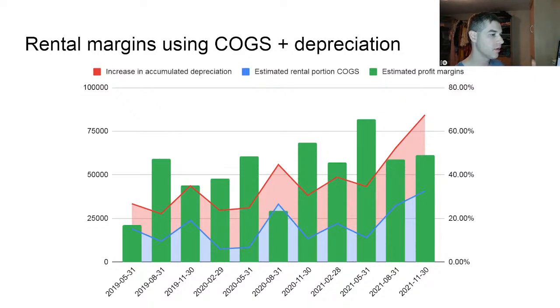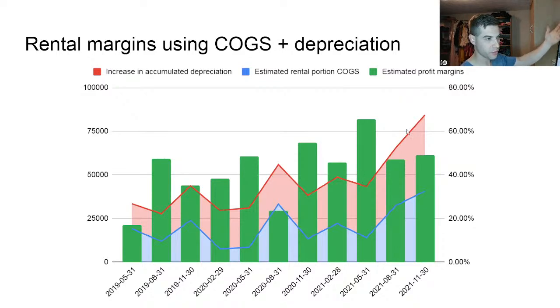The blue line is my estimated portion of the cost of goods sold that is attributable to rentals. The red area that stacks on top of the blue is how much accumulated depreciation increased in that particular quarter. When I add those together, that's the red line at the top of both of those areas, and you can see how that changes each quarter.